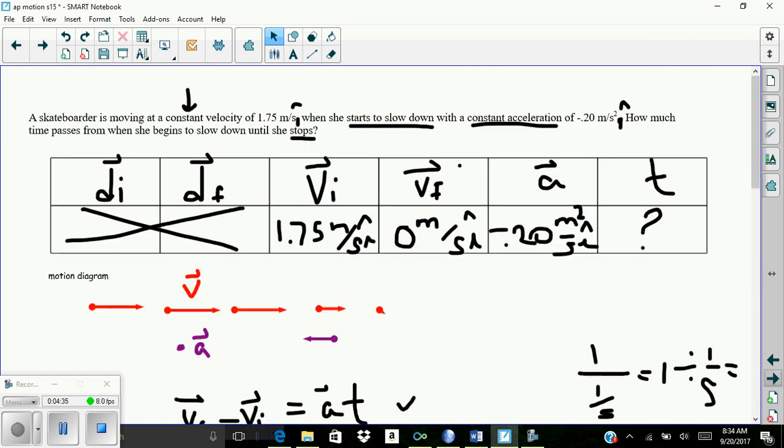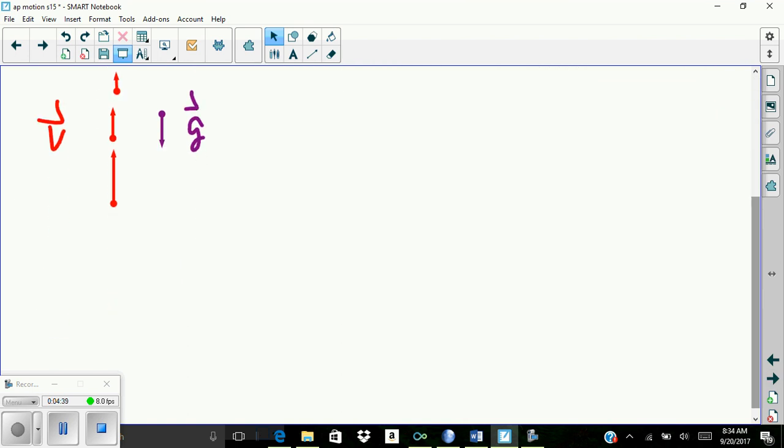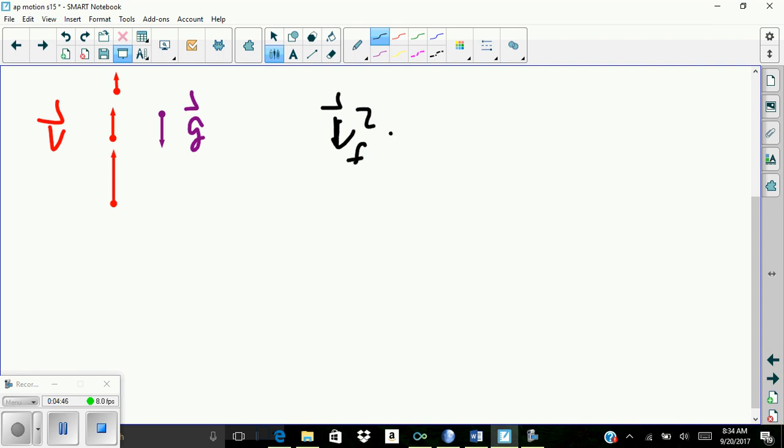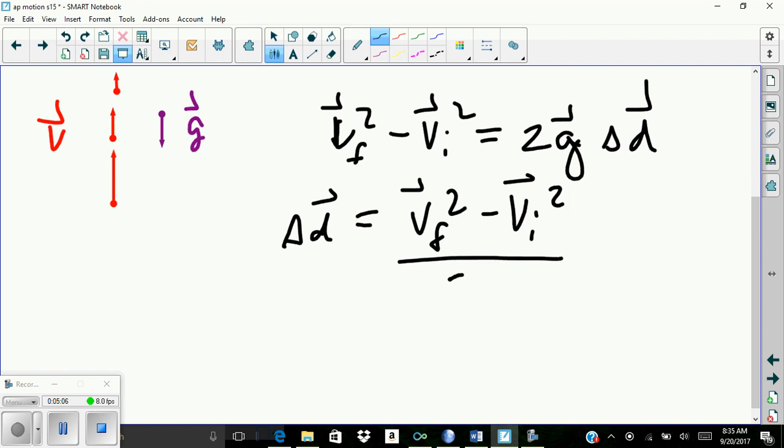I'm going to write it out: v final squared minus v initial squared equals 2g delta d. You could use delta y if you wanted. I'm going to solve for delta d. Delta d is then equal to v final squared minus v initial squared over 2g.